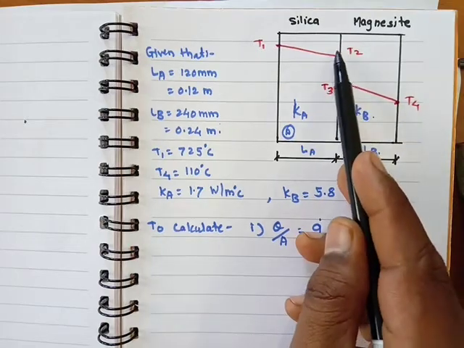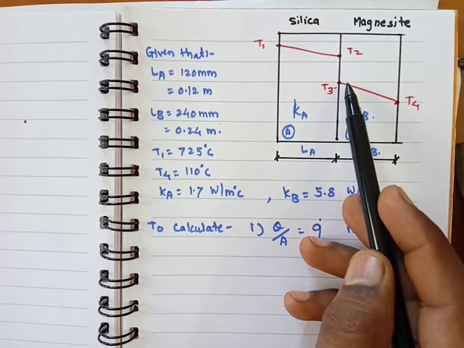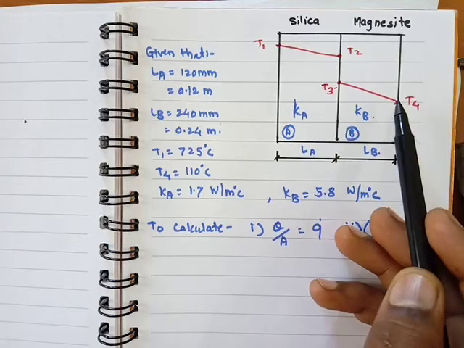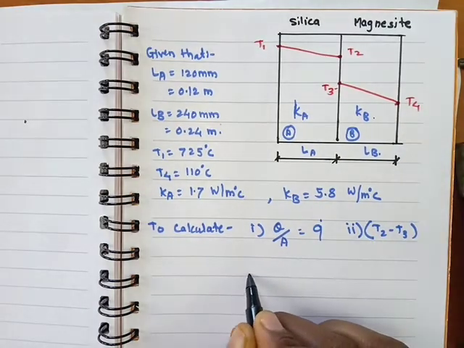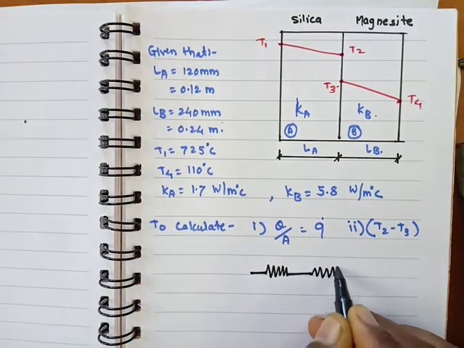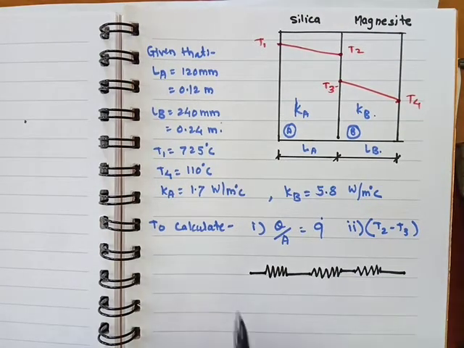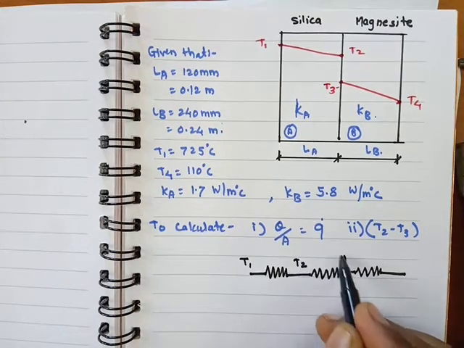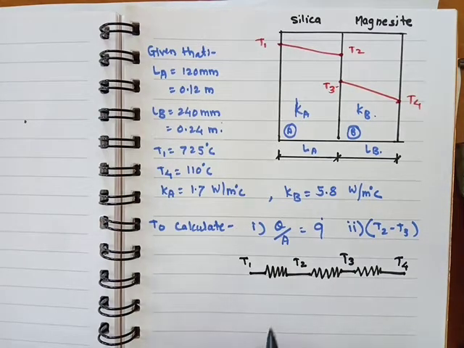And again at the interface, this temperature difference indicates there is some thermal contact resistance. So that means we have three resistances available in this problem. So we will draw a thermal network as follows: temperature T1 to T2, T2 to T3 and T3 to T4.